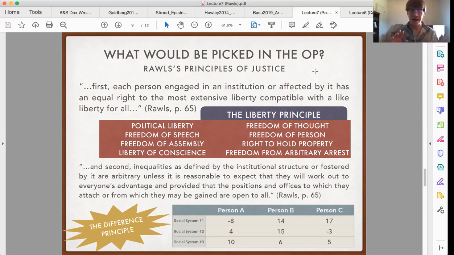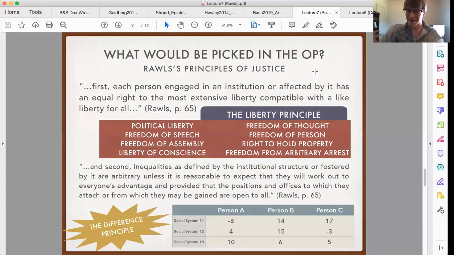Suppose that from the original position, we have a social structure that puts poor people way down here and rich people way up here, right? And we have another social structure that puts poor people right here and rich people right here, right? We are going to pick the second social structure, right?